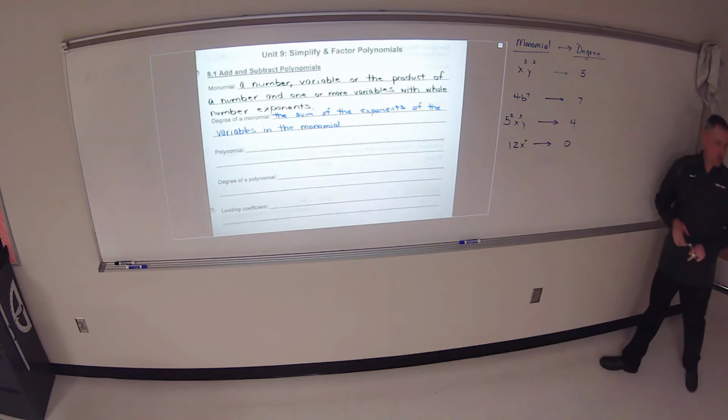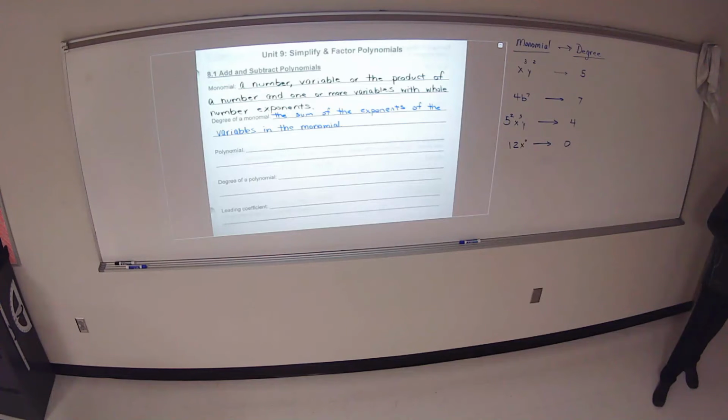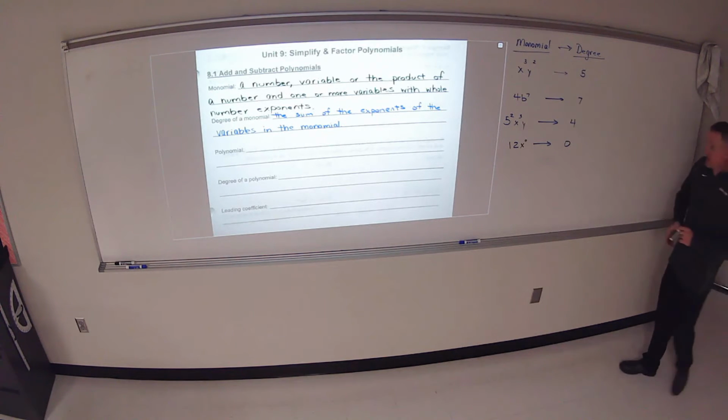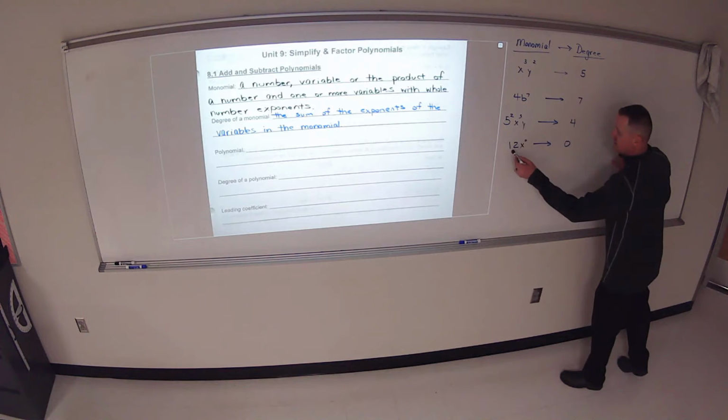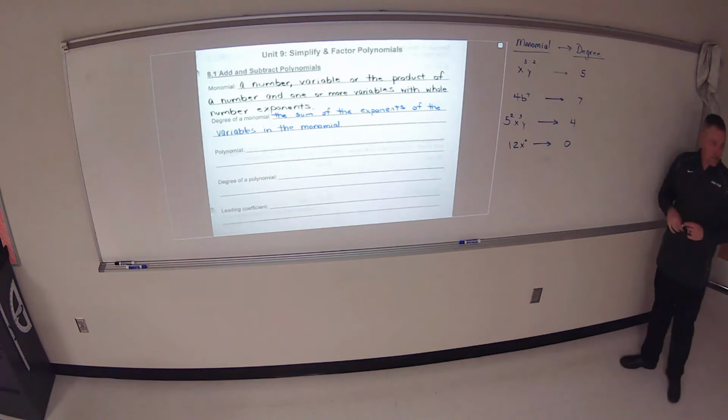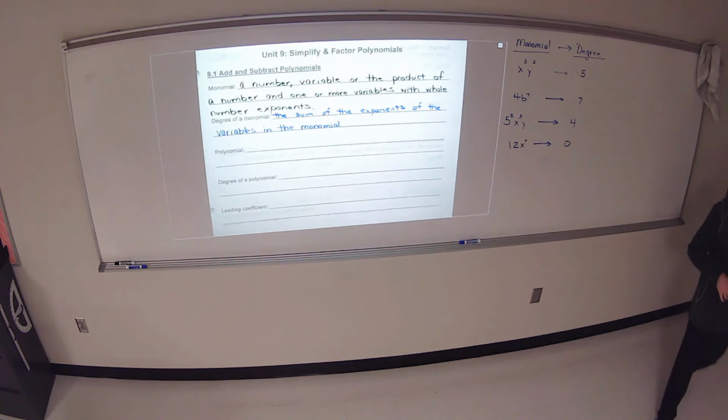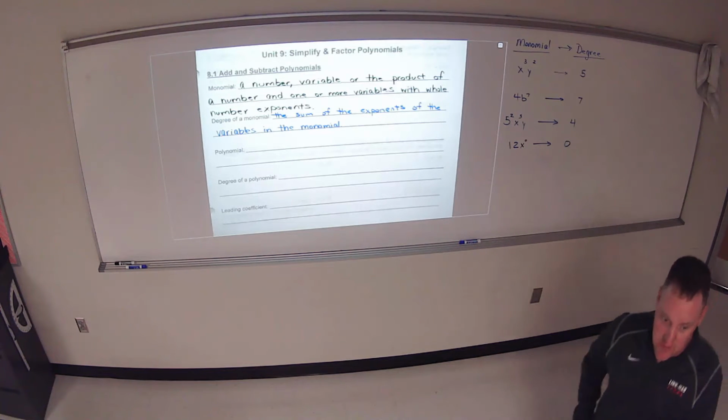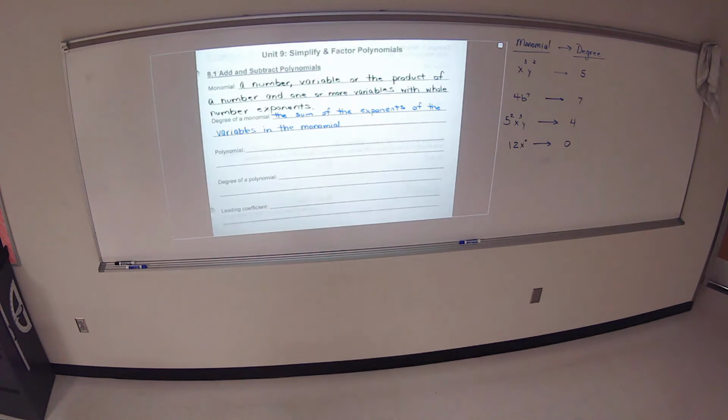It needs to be a 0, right? Because what is x to the 0th power? It's 1, so that whole thing would just be 12, which is what we started with, right? This is why the constant of 12 has a degree of 0. And I will let you know that all constants have a degree of 0. That's always a given. Okay?